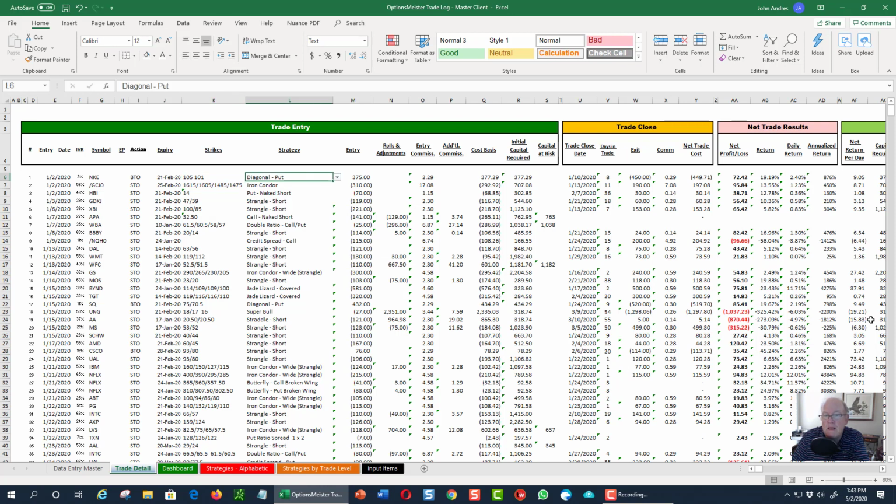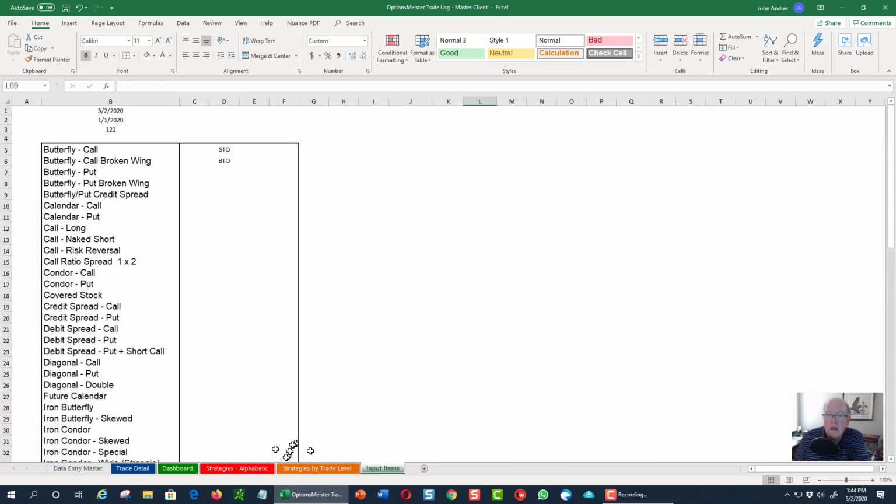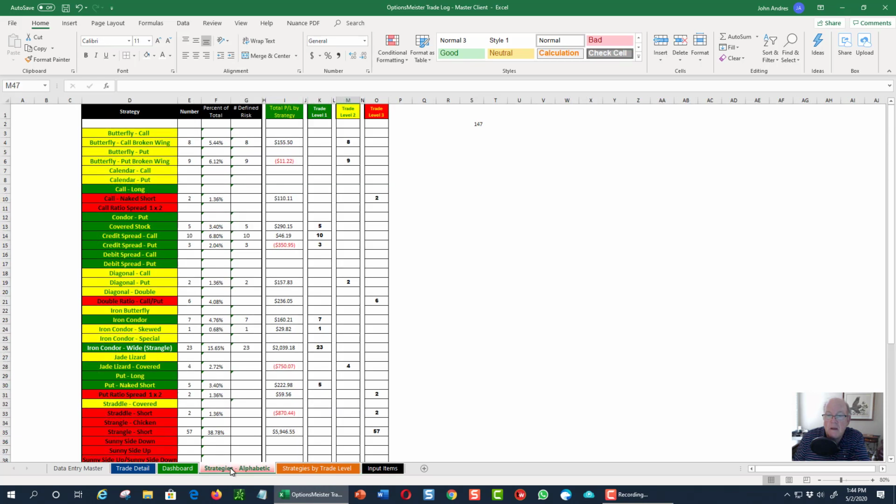So now this is a unique field. I didn't go over the input tab, but I'm going to show you that. You can type these in, but if you use the specific format that these are set up in, you'll get that information on these different strategy tabs. So on the input tab, I have all the different strategies here, and those are the same that you'll see on these tabs here.